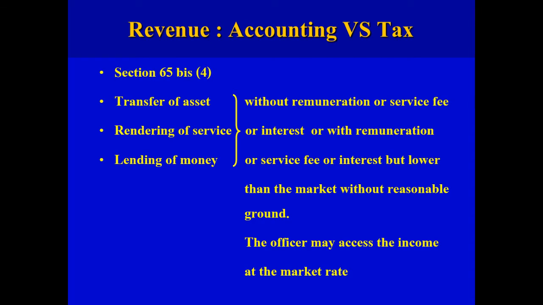This is based on the income assessment by the revenue officer. Section 65 Bis number 4 quotes like this: the transferring of an asset, rendering of a service, or lending of money.